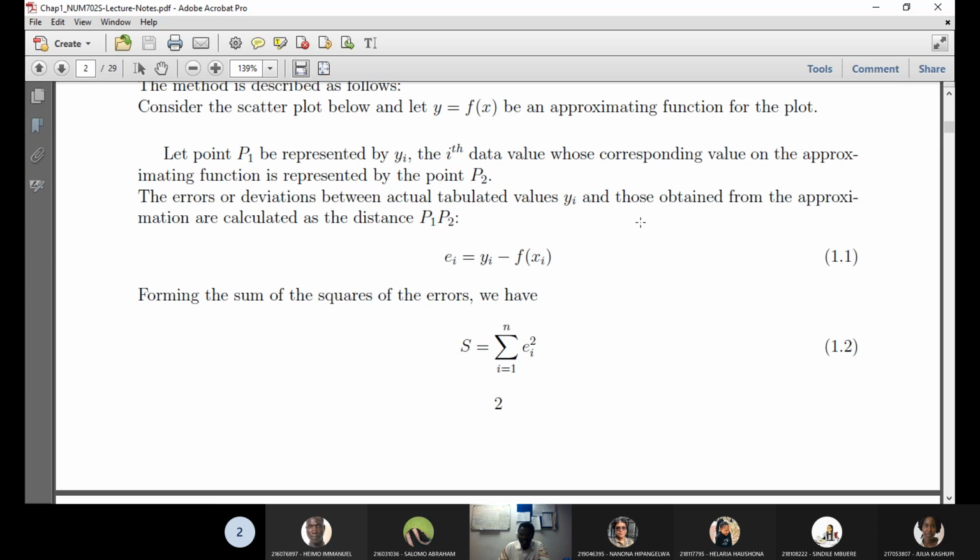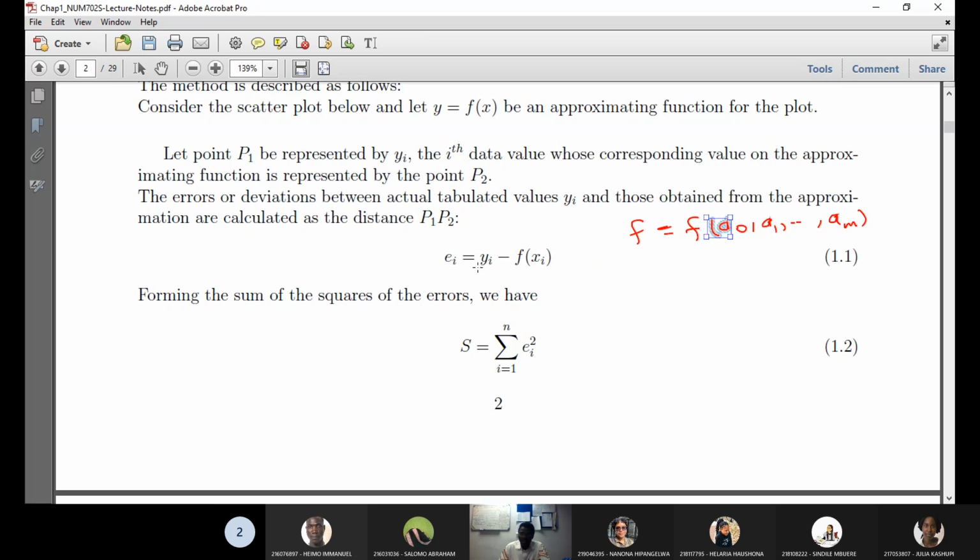so in general, this function f will depend on some parameters, a0, a1, maybe up to a something, let's say am.